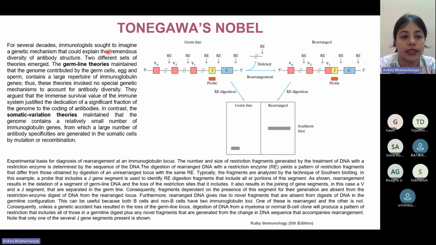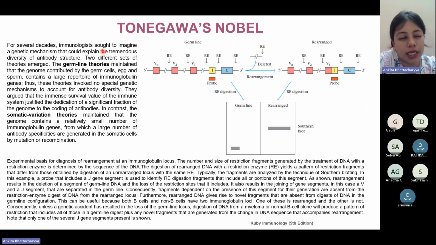namely the germline theory, where they said that the genome from the germ cells, your eggs and the sperms, contains that huge repertoire of immunoglobulin genes, and therefore nothing additional was required to account for antibody diversity. And this was keeping in mind that the theory was proposed at a time when people didn't have knowledge of the human genome and what the repertoire of genes present is.